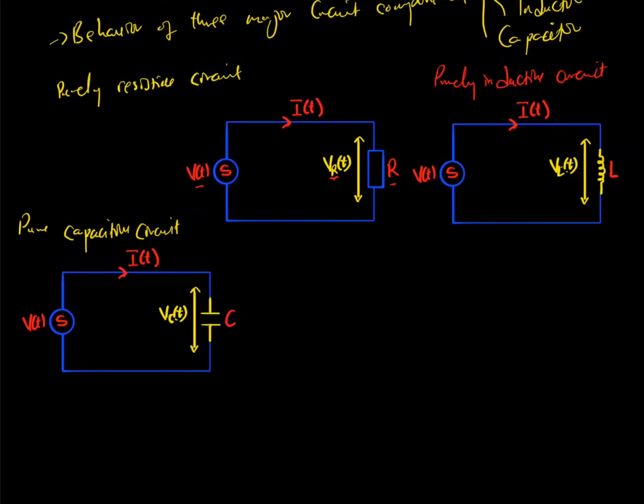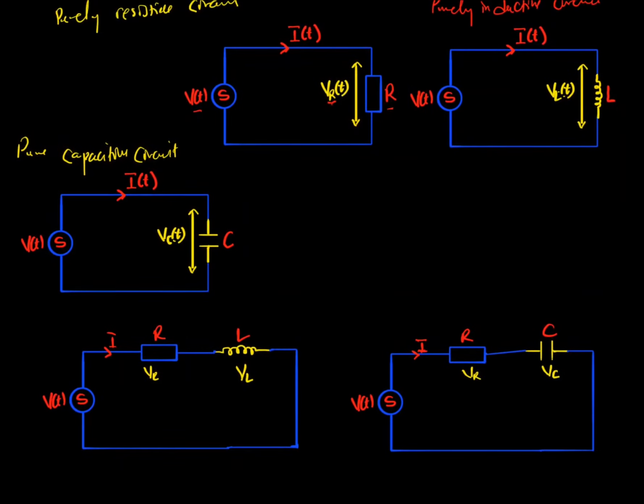For a pure capacitive circuit, we just have a capacitor connected to an AC source. So here too, we will try to look at the current and the voltage and try to determine which one is leading and which one is lagging. We also try to determine the reactance of all these three components.